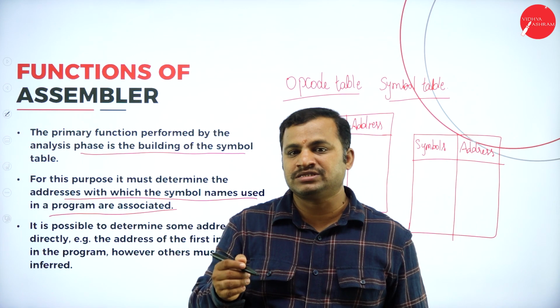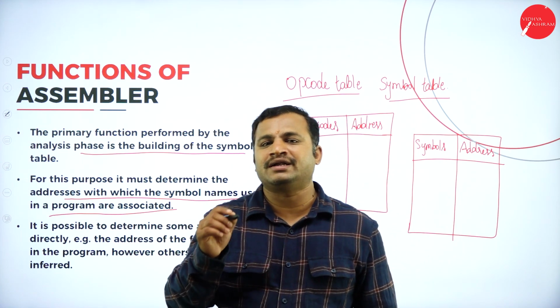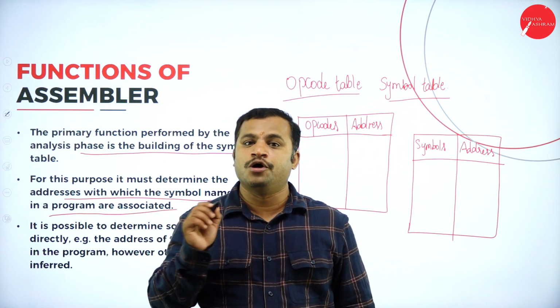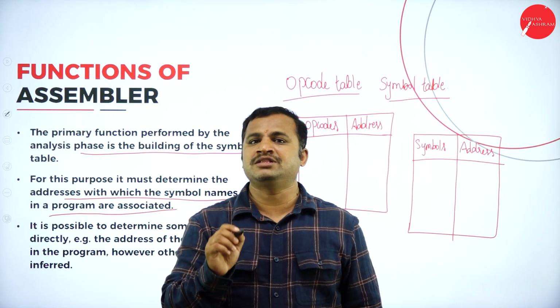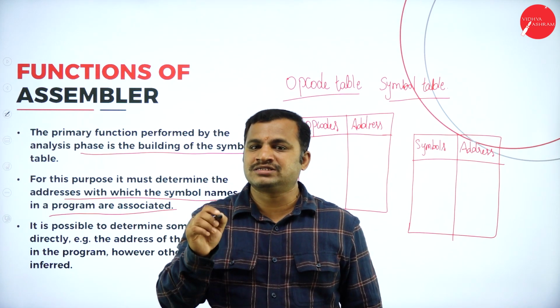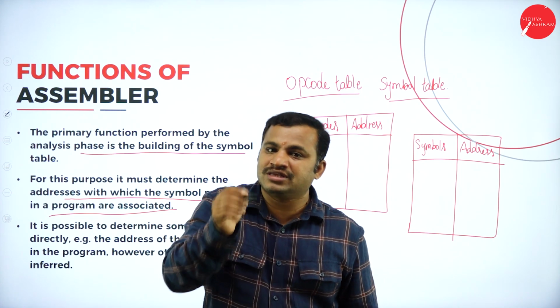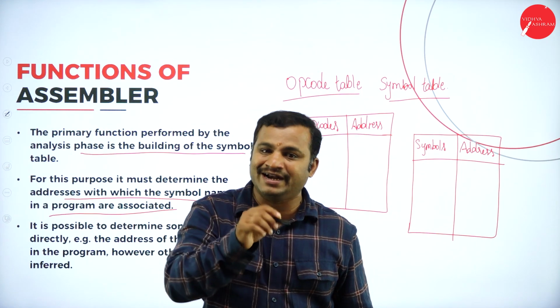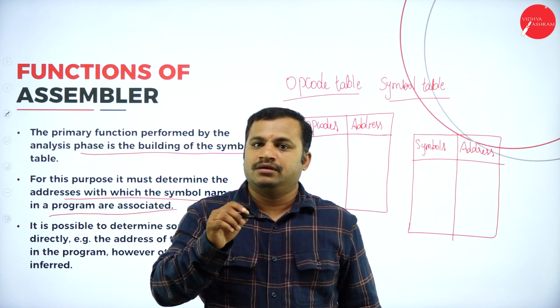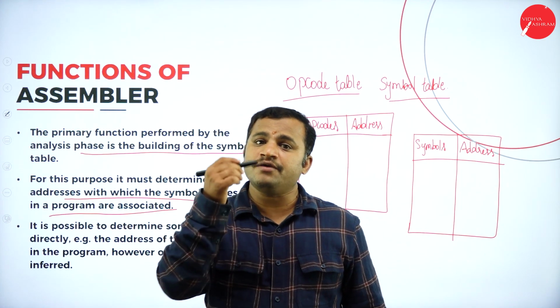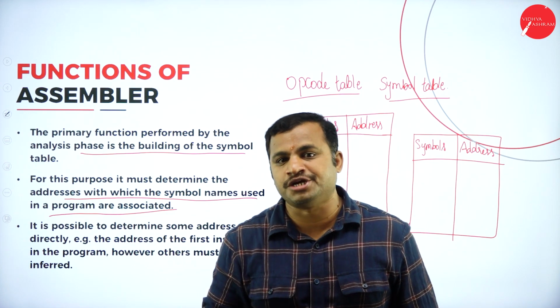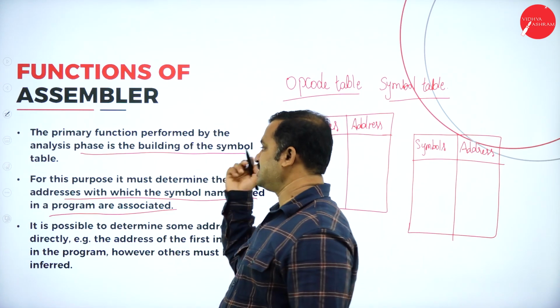In such cases, we have to mark those as blank addresses of those symbols in a symbol table. This enables us to fill up those addresses in the symbol table at a later point of time. That is called forward reference resolution.